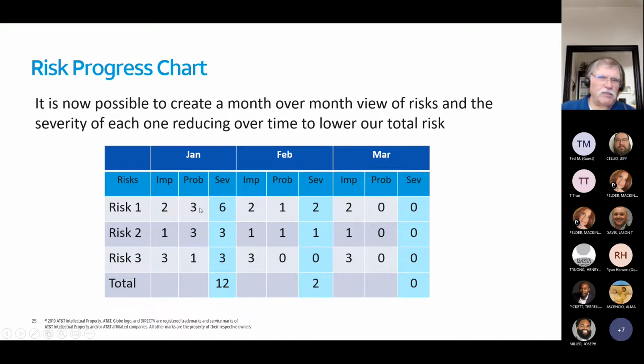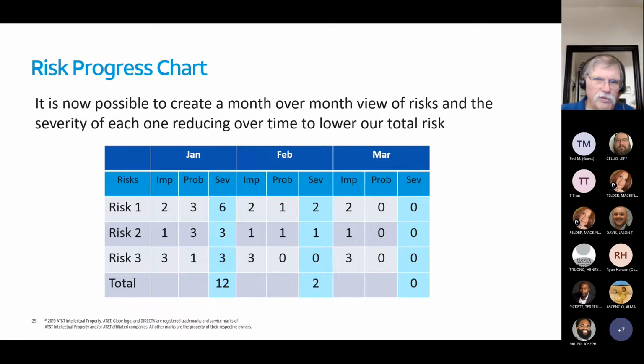Probability will definitely change as you mitigate the risks over time. So what we can see here is that the impact on risk 1 is 2, the impact on risk 2 is 1, and the impact from risk 3 is 3. So medium impact, low impact, high impact.